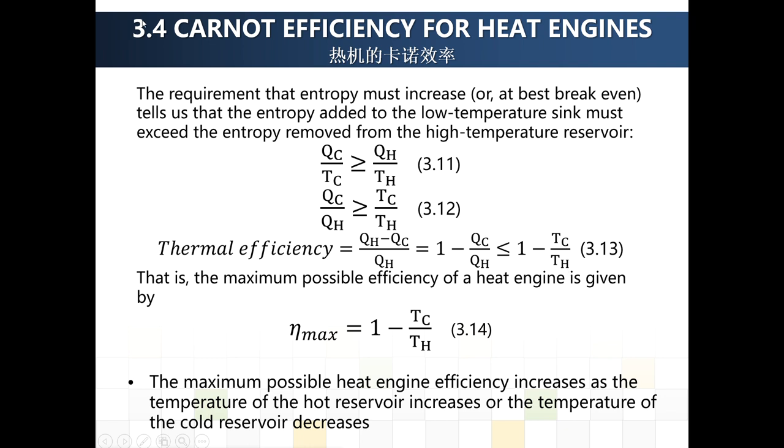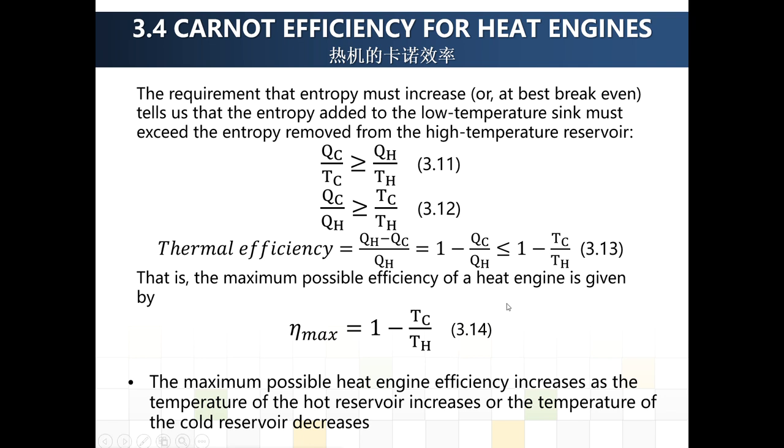So the maximum possible efficiency of a heat engine will be equal to 1 minus TC divided by TH. TC is the temperature of the low temperature reservoir, and TH is the temperature of the high temperature reservoir.